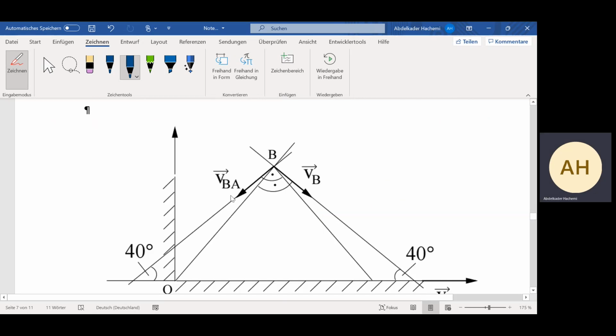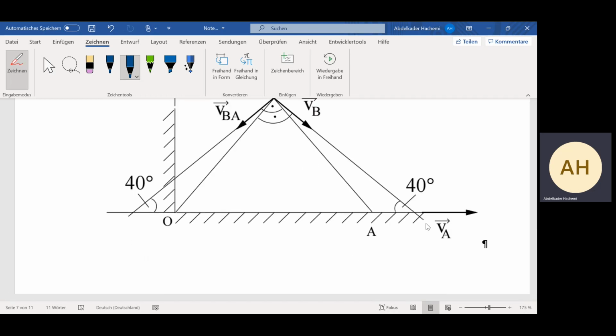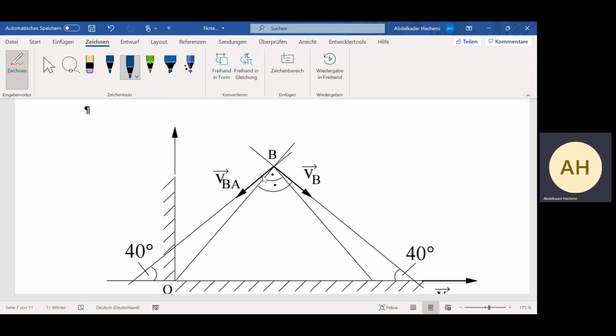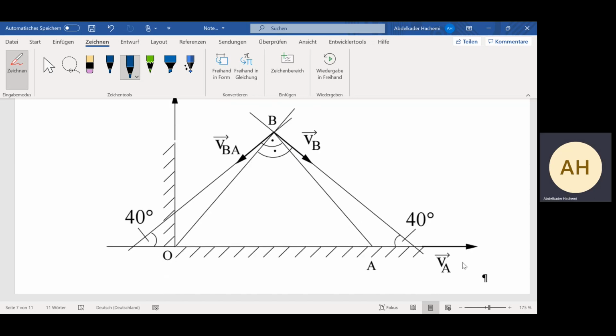Now if we look at the direction of VBO, VB, and VA, VB is only VA plus VBA. We know the direction of VBA, we know the direction of VB, and we know the magnitude of VA, as well as the direction. In Mechanics 1, if you have done it, to draw the polygon of forces we need either two line directions and one magnitude, or two magnitudes and one line direction.